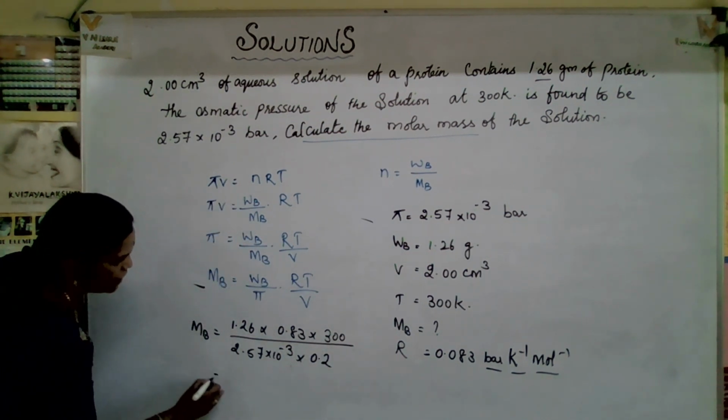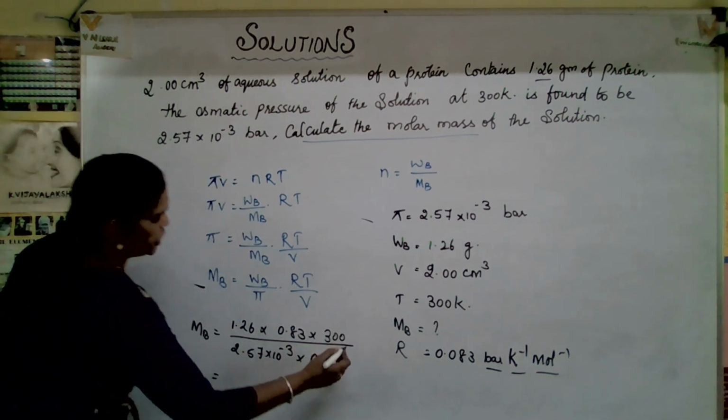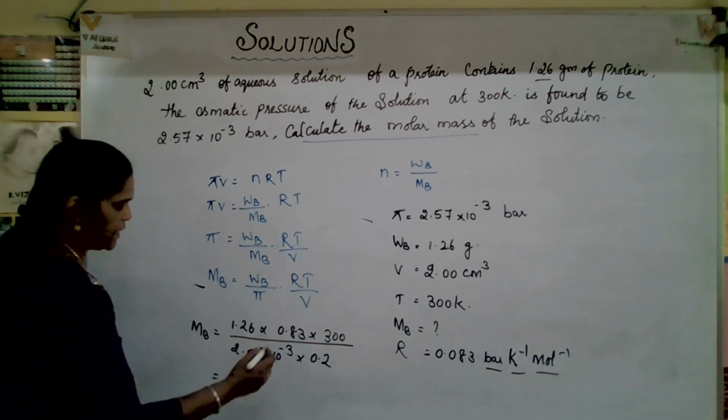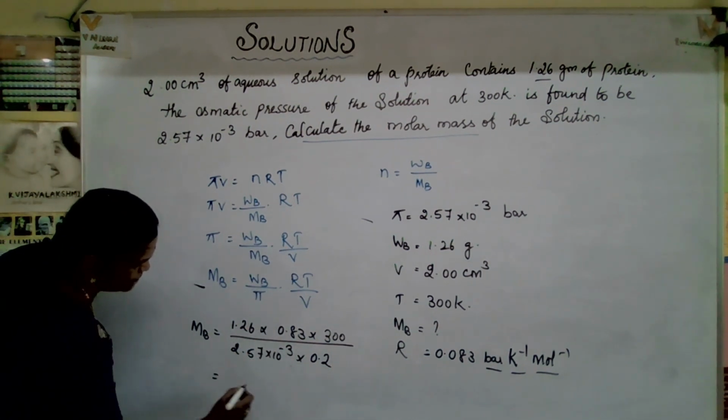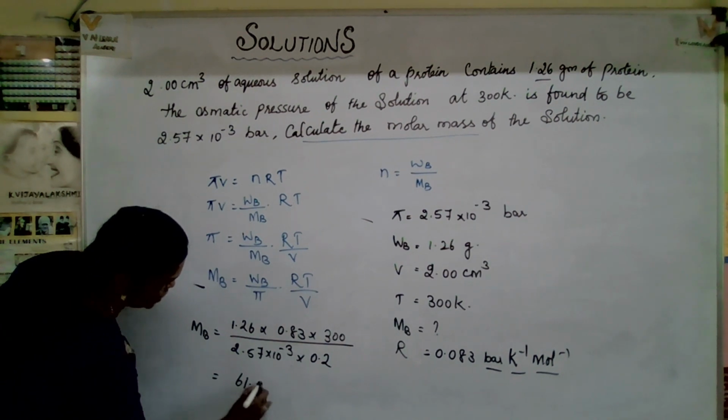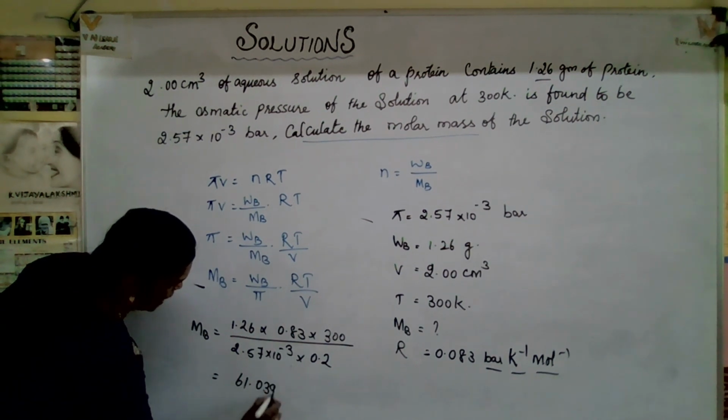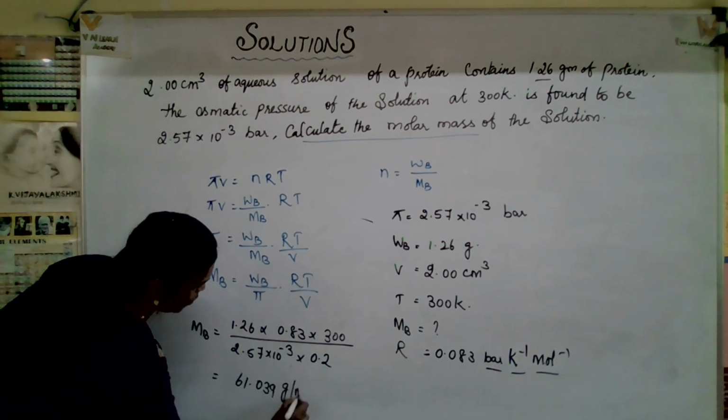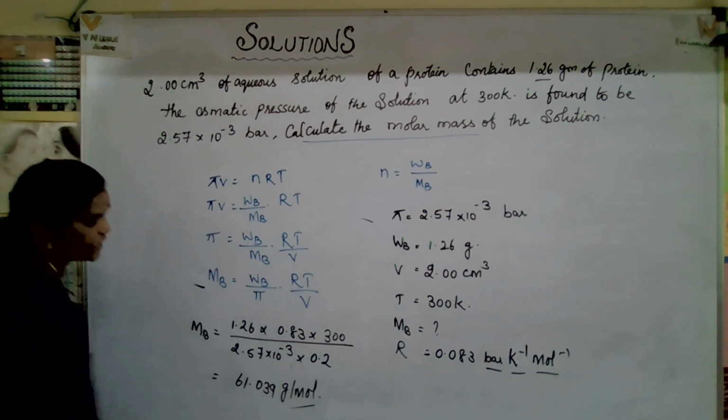What is the answer? You will get it. Come on, let us go for it. 61.039 gram per mole. Why did I mention gram per mole?